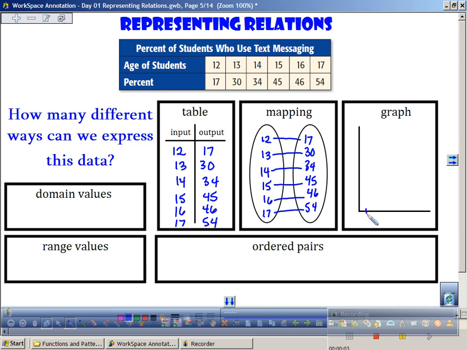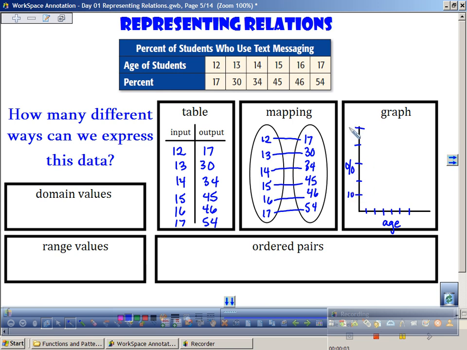Okay, let's graph it. 12, 13, 14, 15, 16, 17. Let's go by 10. 10, 20, 30, 40, 50. So this would be what? Down here, how would I label this? Age, and what would this be? Percent.